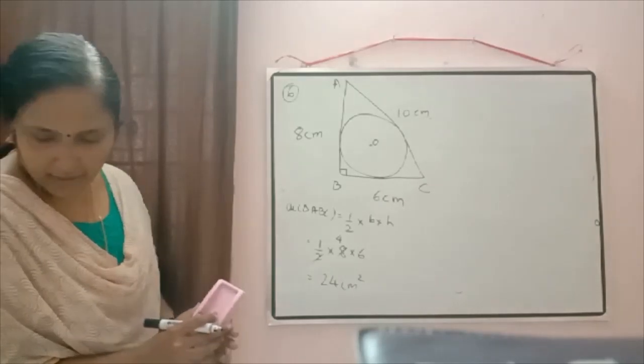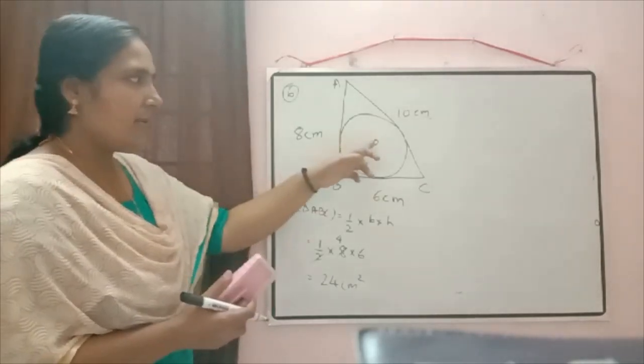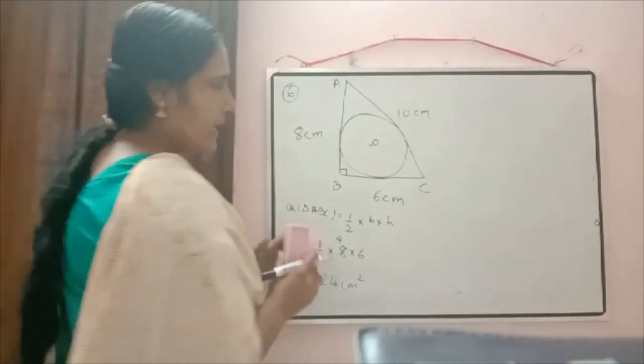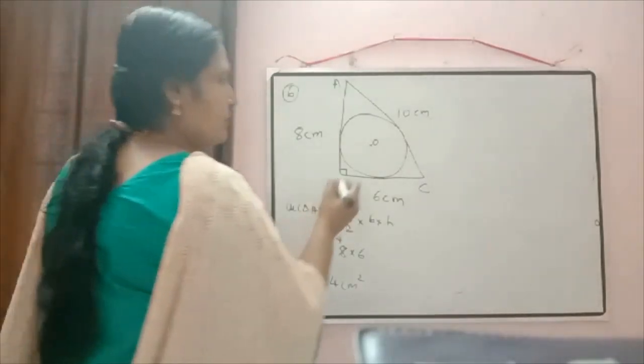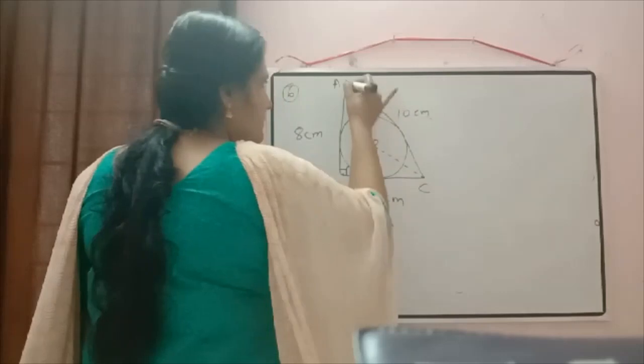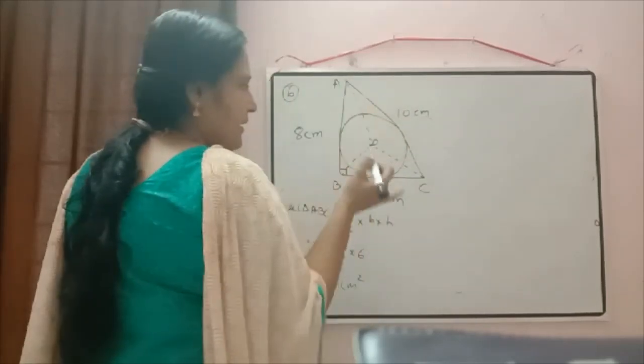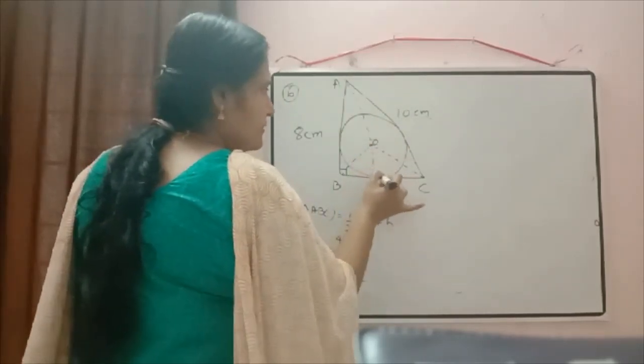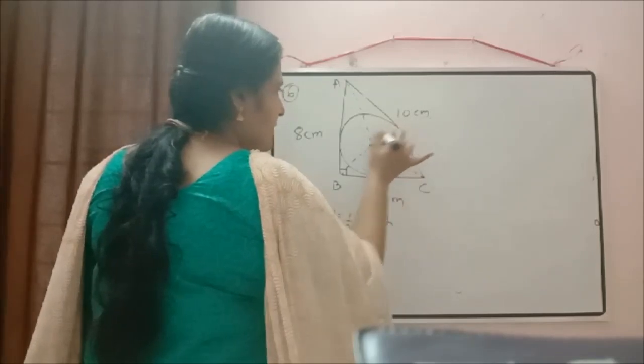But we need the radius there. So radius we want there. So again, as we did in the previous one, what we will do? We will join OB, OC and OA. And we will draw the perpendicular also. Then we will get the radius here. Okay.